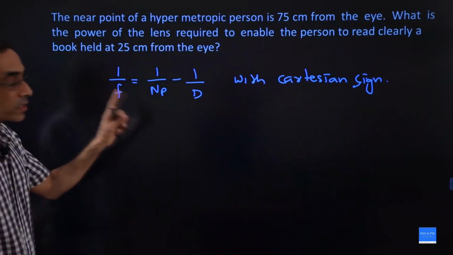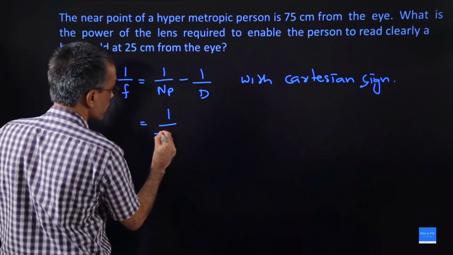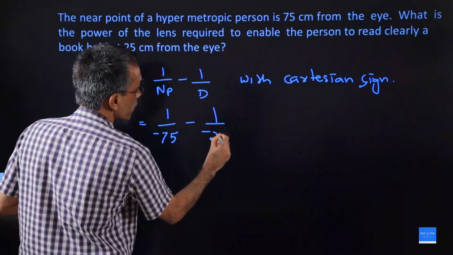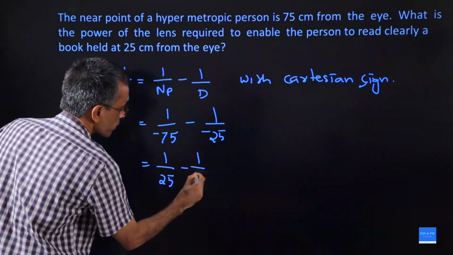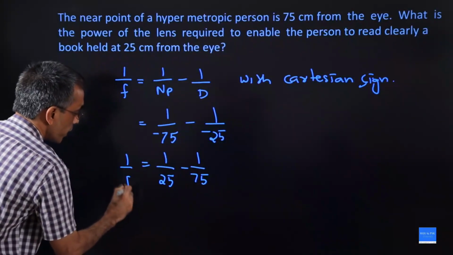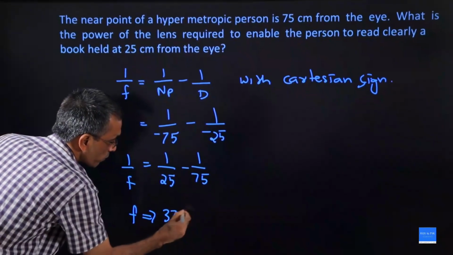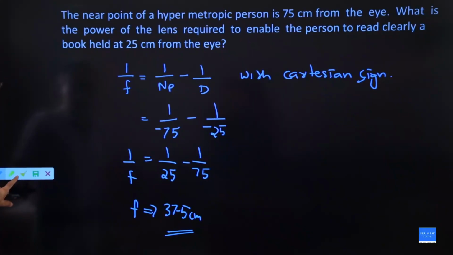The near point of the person is minus 75, minus the value of d, that is minus 25. You reach the same value, 1 by 25 minus 1 by 75 is 1 by f. Just like the previous case, you calculate this to be 37.5 centimeter. That is method 2. Now, method 3.